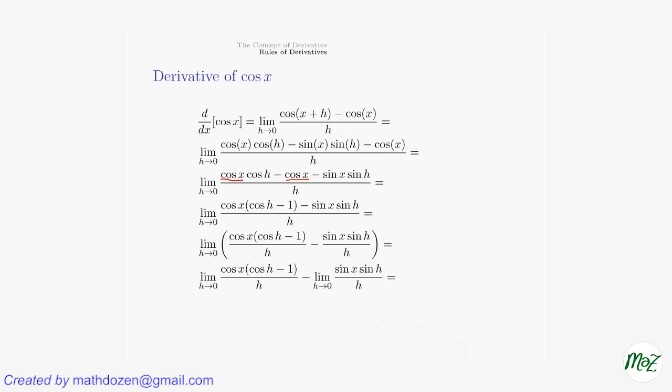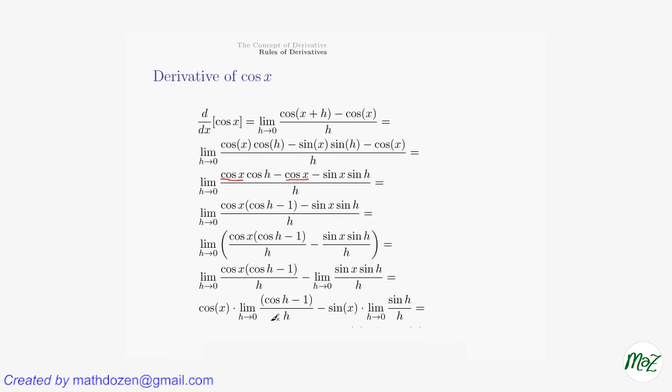Then the limit of this difference is the difference of limits as h goes to 0 of cosine x times cosine h minus 1 over h, minus the limit as h goes to 0 of sine x times sine h over h. And the next to the last step is to factor out cosine x out of this first limit and sine x out of the second limit. Since cosine x doesn't contain h, it's legal to factor it out, and sine x doesn't contain h, so it's also legal to factor it out.